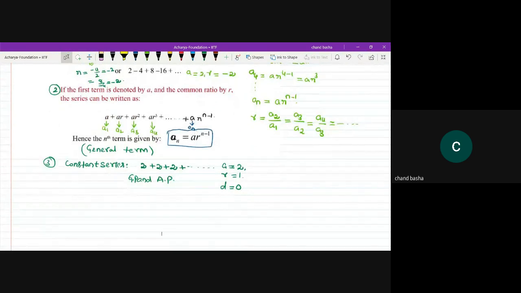I'll go for the fourth point. Sum of n terms of GP.